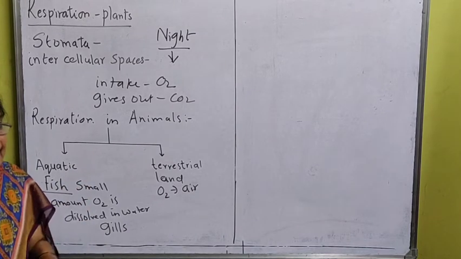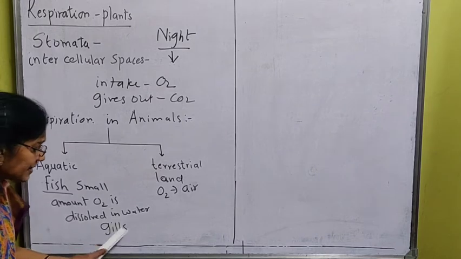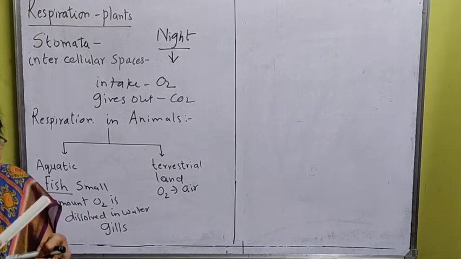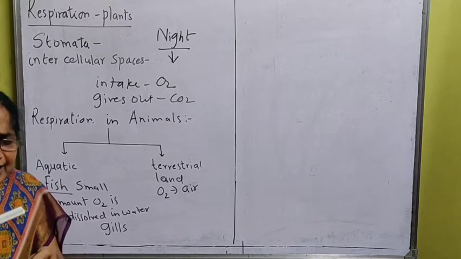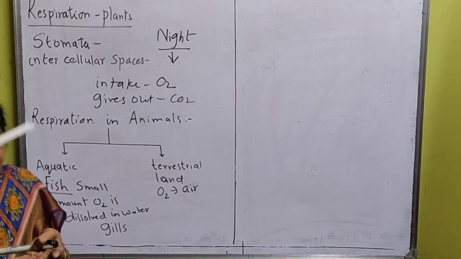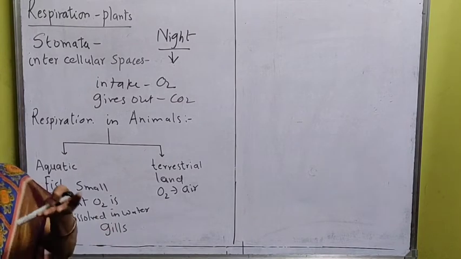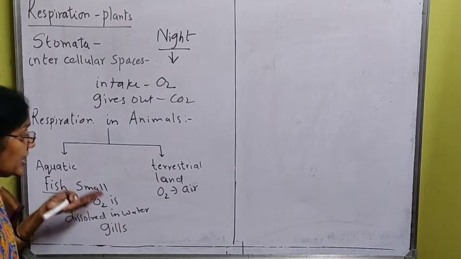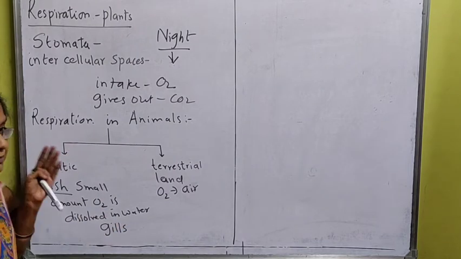Water enters into the gills, and whatever dissolved oxygen is there in the water is absorbed by the gills and transported to the other cells. That is how respiration takes place in aquatic animals.